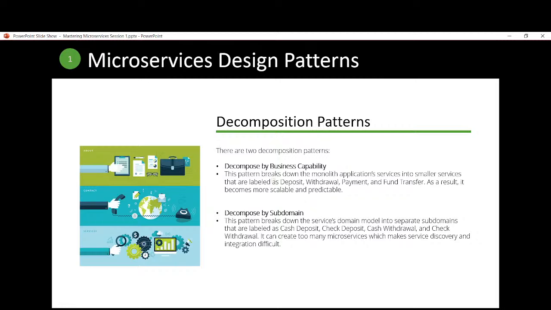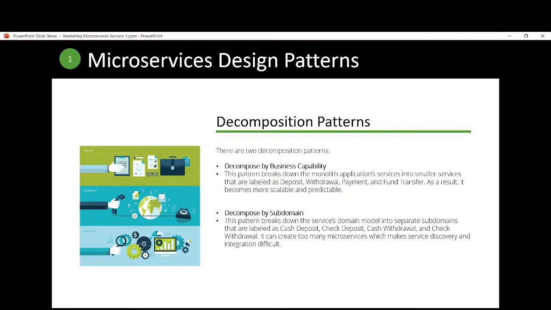The first one is breaking down the monolithic application into smaller services that are labeled as deposit, withdrawal, payment, and fund transfer. As a result, it becomes more scalable and predictable. This is the example I gave in the previous slide, right guys, about the banking system.